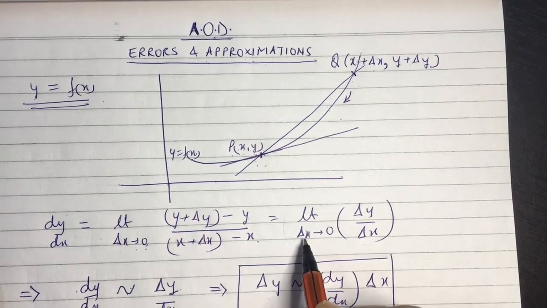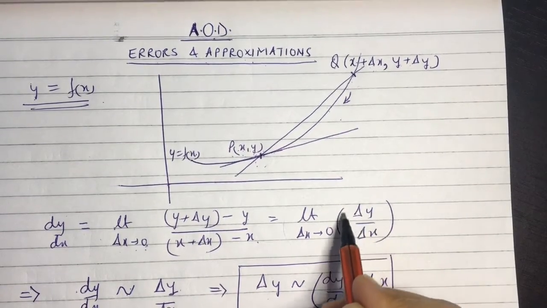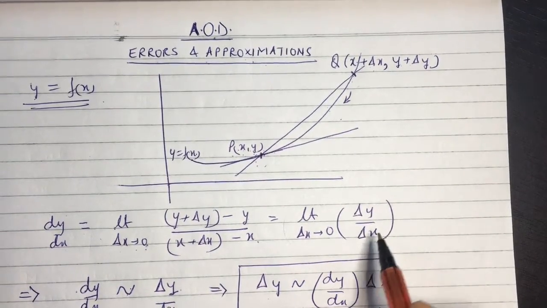That is, the limit as delta x tends to 0 of delta y over delta x, that is, the change in y with respect to the change in x.